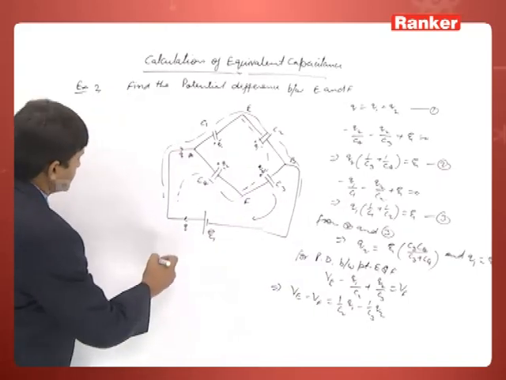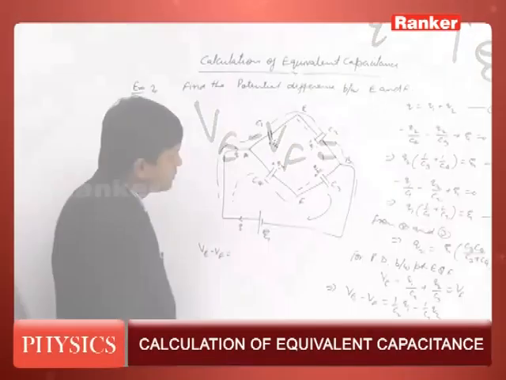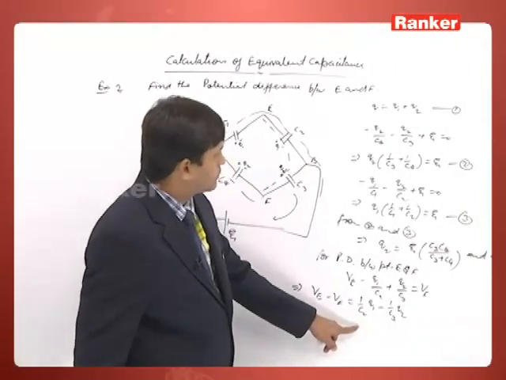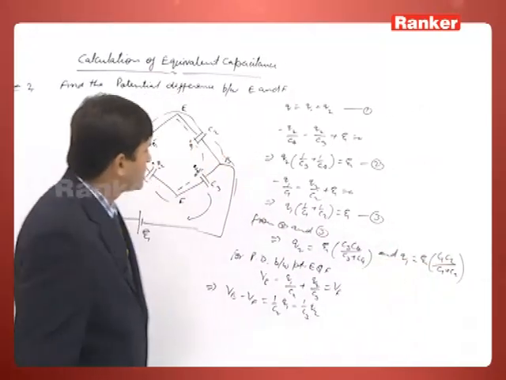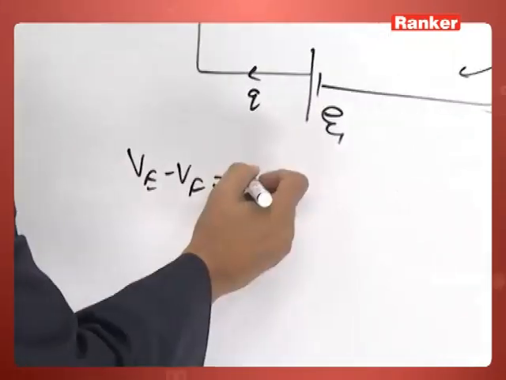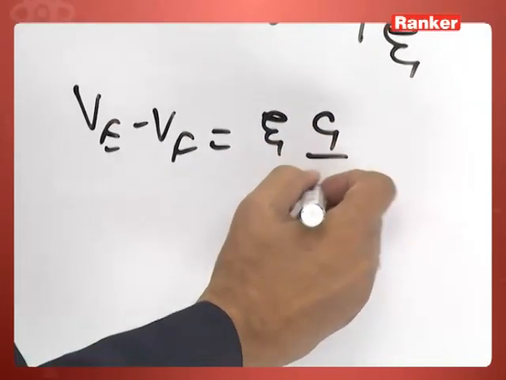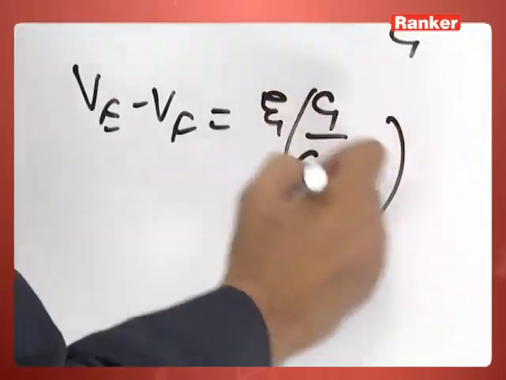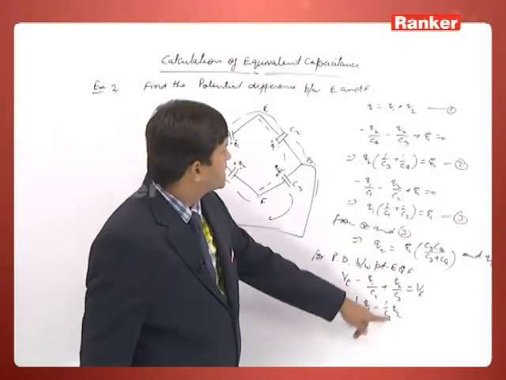See. So, VE minus VF is equal to Q1 by C2. So, see from here Q1 by C2, that will give us E C1 by C1 plus C2 minus Q2 by C3.